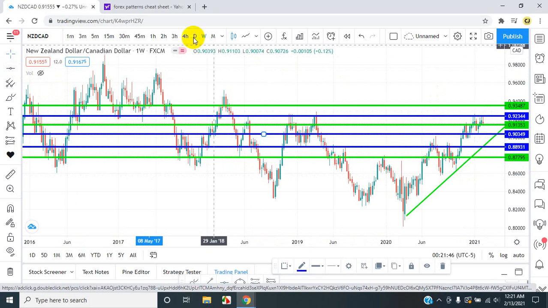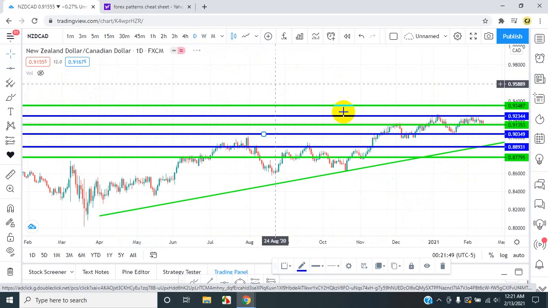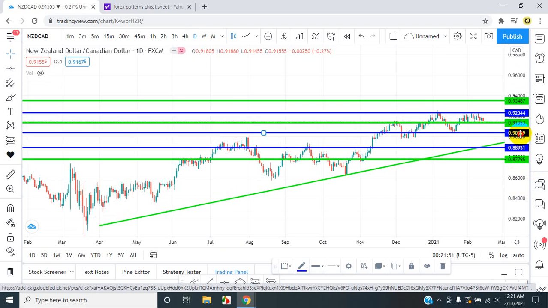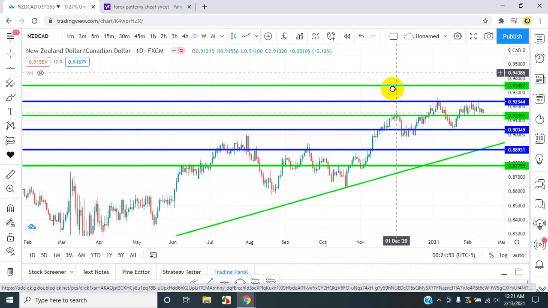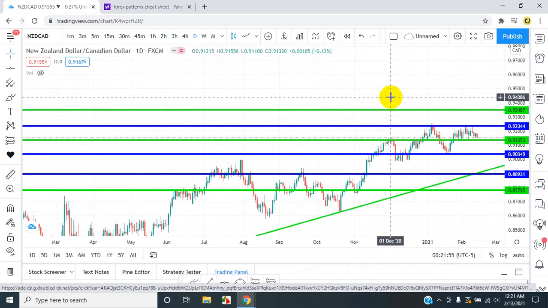So next we're going to go down to the daily time frame. So we already identified the market. We then went down to the monthly time frame to help us with our trend line and a few SR lines. We went to our weekly to add additional SR lines.